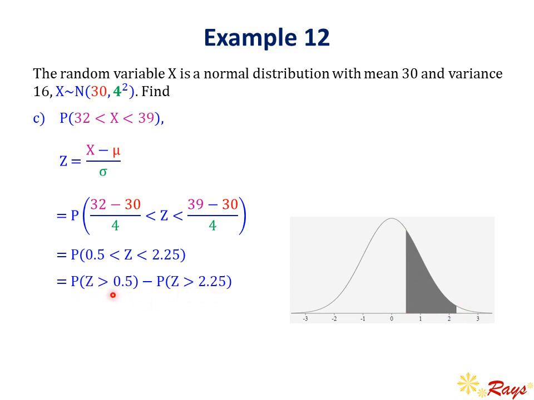Probability of z greater than 0.5 from here until the end, minus probability of z greater than 2.25, which is from here until the end. So if you do so, then the area left is only the shaded one. So find the probability from the standard normal table, and that is our final answer, 0.2963.